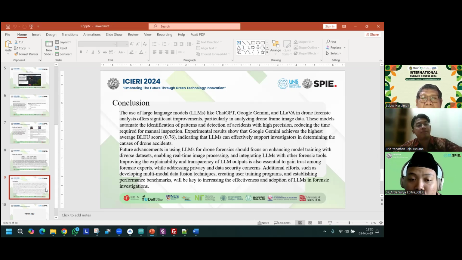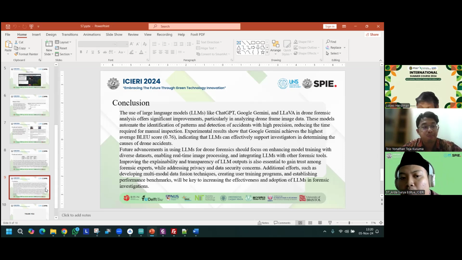Future advancement in using LLMs for drone forensics should focus on enhancing model training with diverse datasets, enabling real-time image processing, and integrating LLMs with other forensic tools.